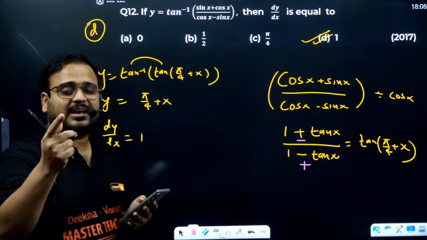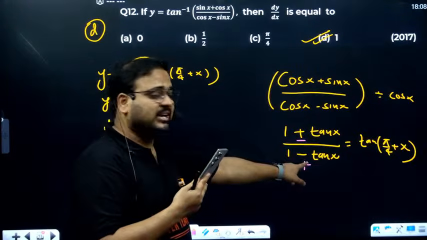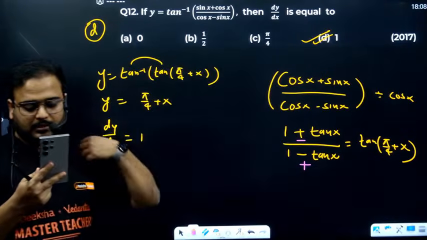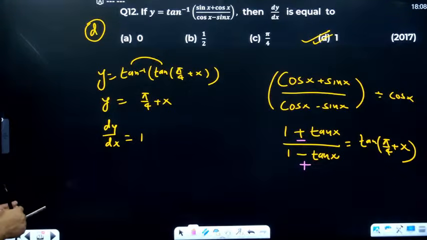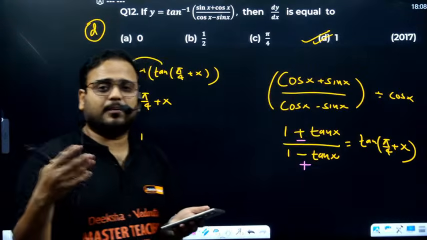You can have 1 plus tan x, but you can't have tan x minus 1. If you change the sign over here, this will also change the sign, and then you won't get the same formula. That's why you can't take the sign common from the bracket. You can use other formulas, you can try that, but that'll be a longer approach.